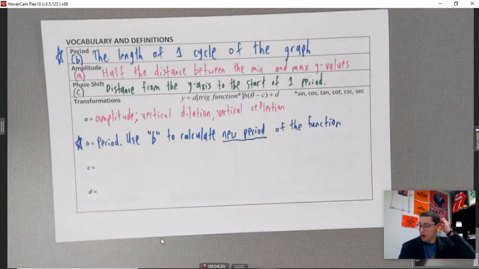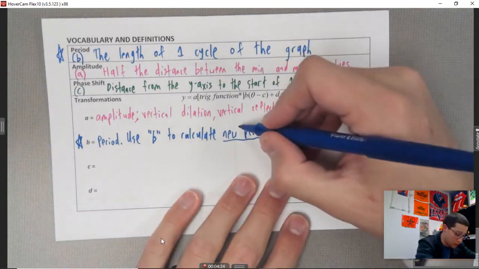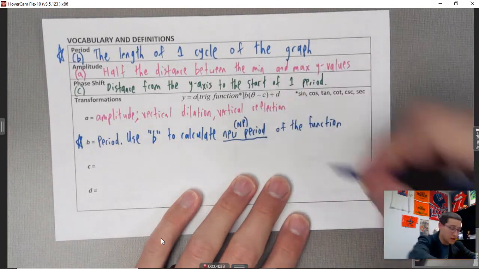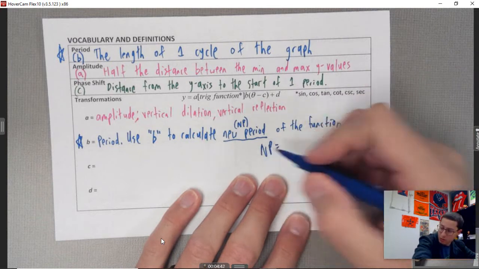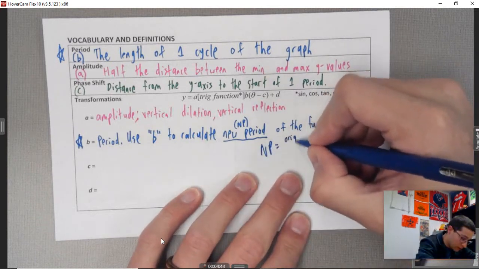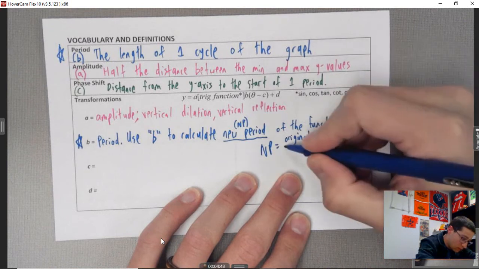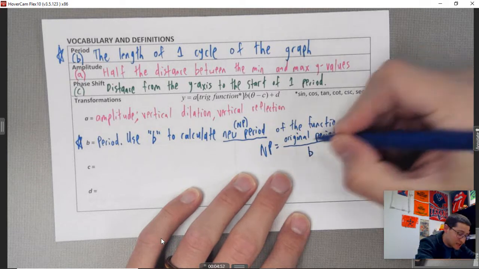Now, here's what we're going to work with. The new period, we're going to write this as NP. The new period is calculated as follows: you take your original period and divide by B to get your new period.